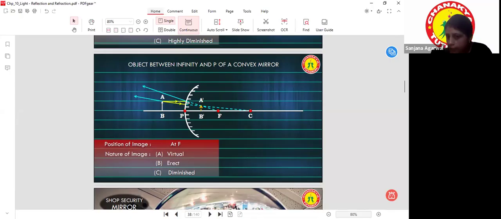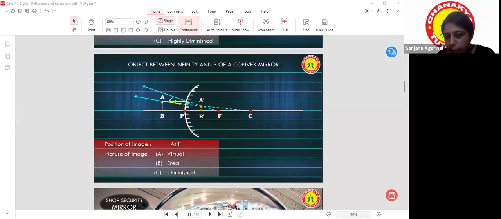Because on the reflecting side of the mirror, we do not have any parameter like focus or center of curvature as in the concave mirror. So wherever we keep our object, within just the range but not at infinity, the image obtained will have the same nature for any distance of the object.